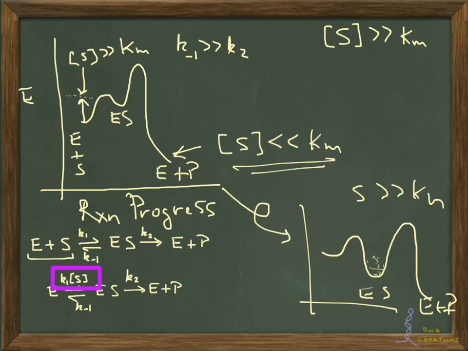We don't have to worry about the E plus P. It can't really go backwards because the concentration of P is really low, at least under initial rate conditions. And so now, when we go back up here, I told you guys that when you raise the concentration of S, what you do is effectively just raise the ground state. That's because you're effectively increasing that rate constant, because that rate constant is just K1 times S. And so that's where that comes from.